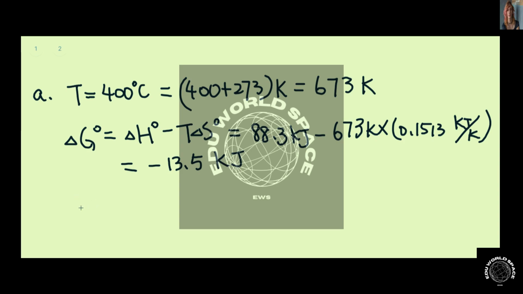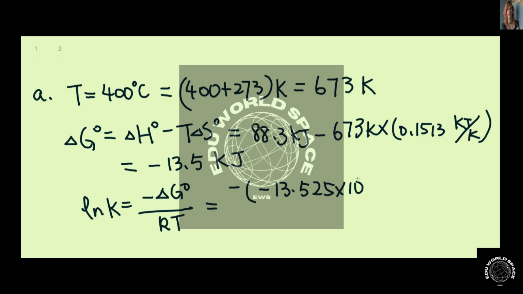So ln K is equal to negative delta G0 divided by RT, that will be equal to negative 13.525 times 10 to the third joules divided by R, which is 8.314 joules per Kelvin, times the temperature, which is 673 Kelvin.